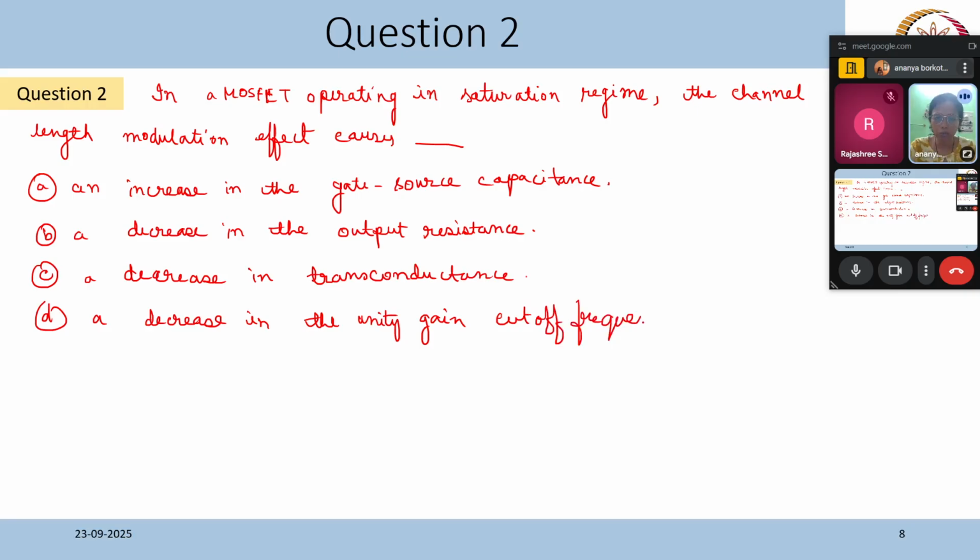This last term we have not discussed much, it is a circuit term.